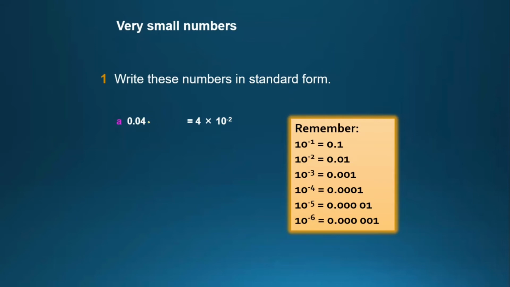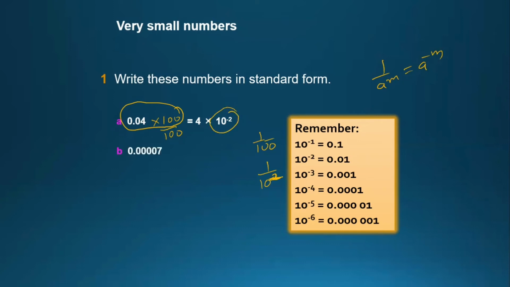So we'll have to multiply by 100 and divide by 100 again. When you multiply 0.04 by 100, you get 4. And 1 upon 100 is nothing but 1 upon 10 to the power 2. So 1 upon A raised to m is equal to A raised to minus m. This is how this becomes 10 to the power minus 2.